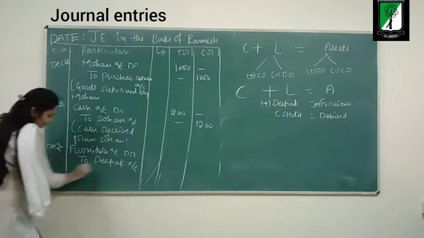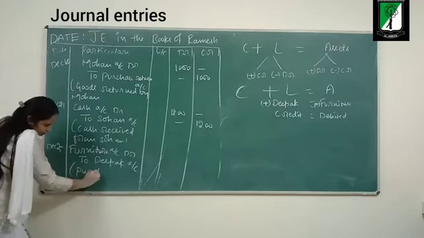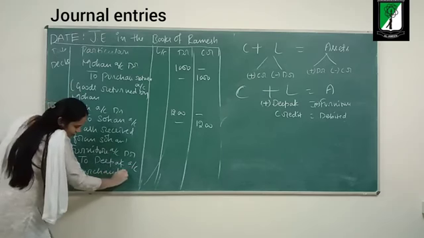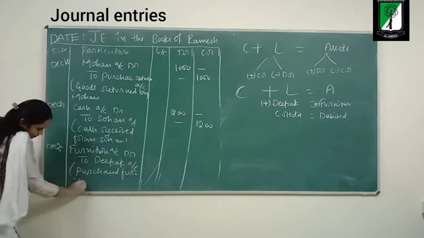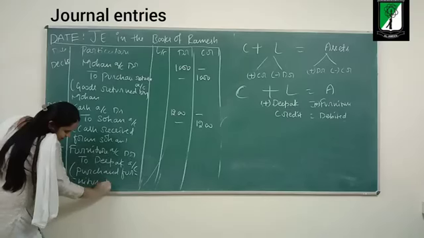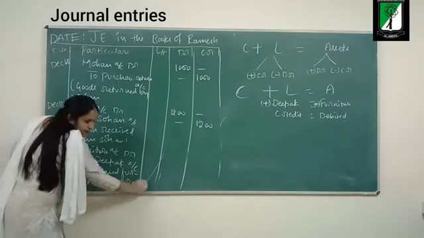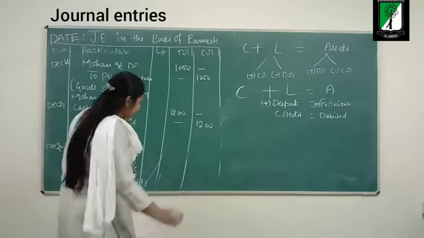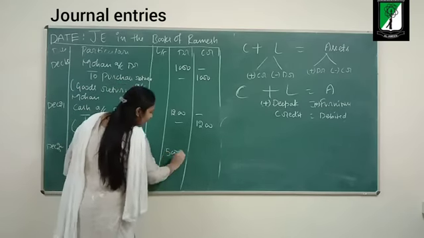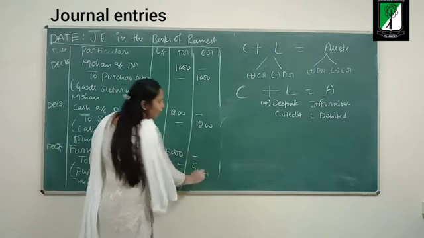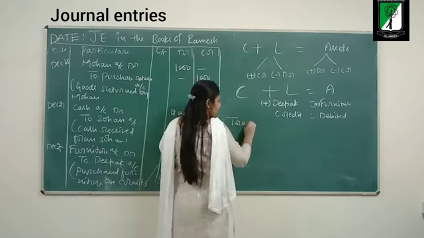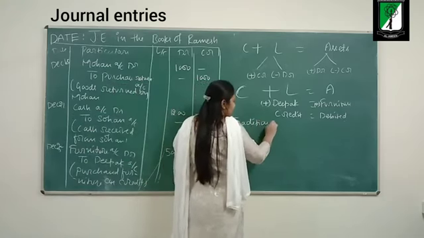Purchase furniture on credit. What's the value? It is 5,000.